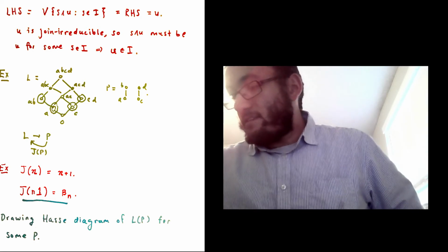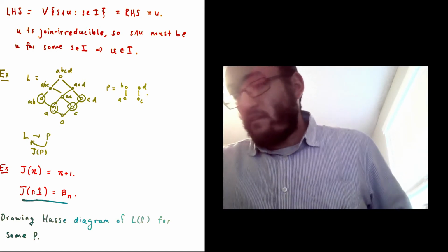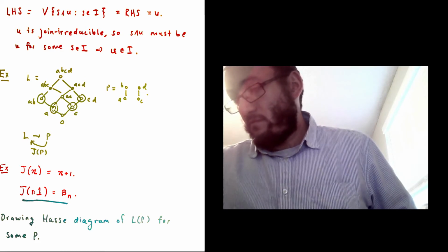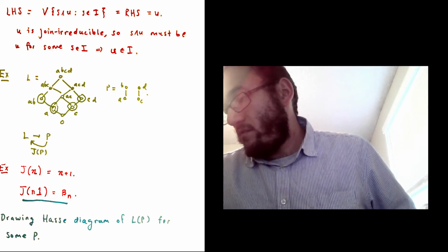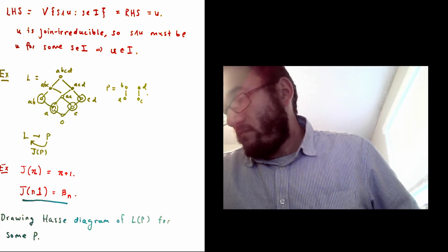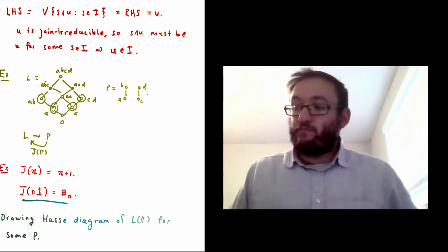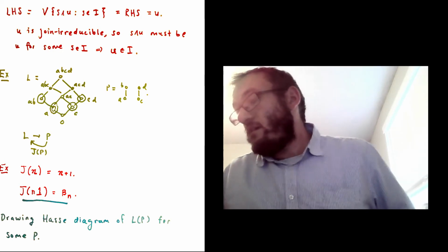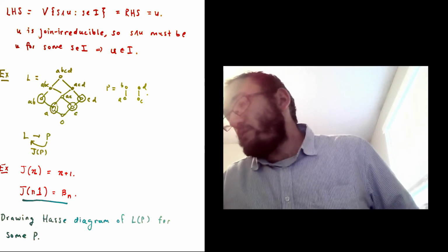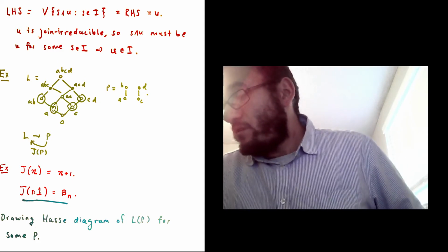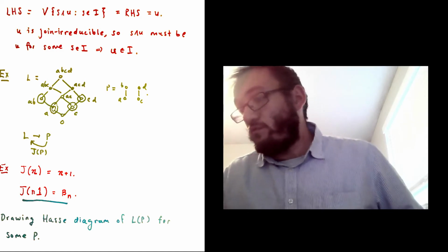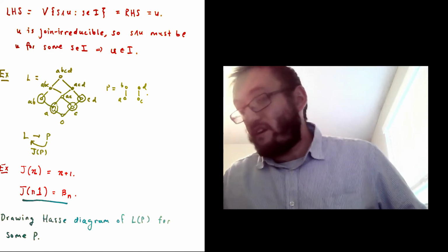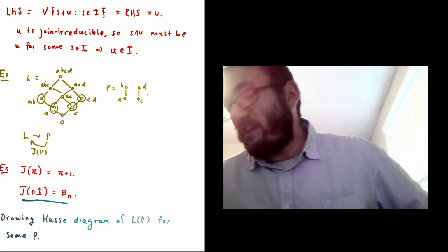So let's take the lattice given by this square. This is a distributive lattice. In order to extract the subposet whose lattice of order ideals is given by this, I look for the join irreducible elements.